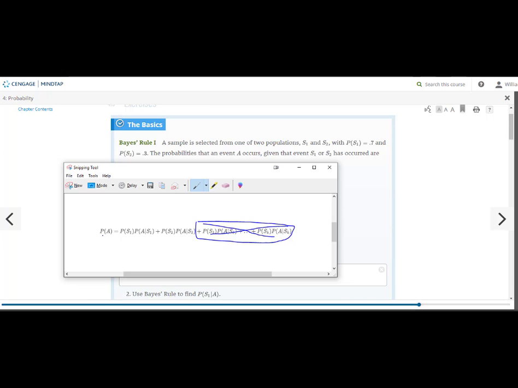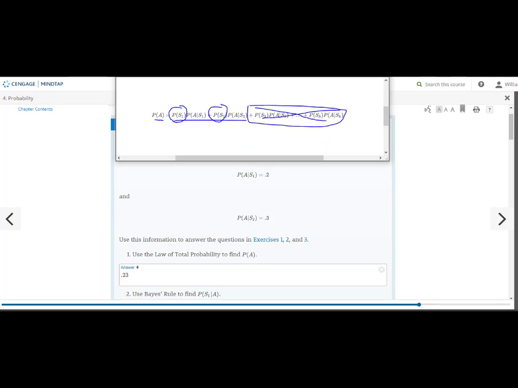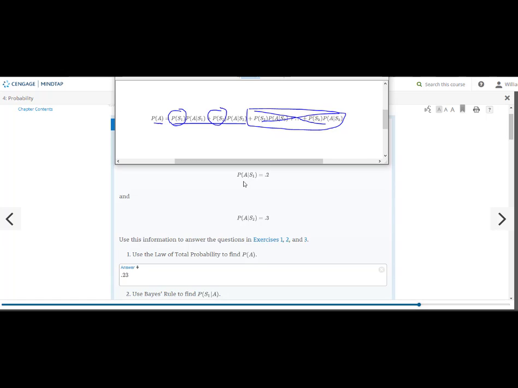So the probability of A is given by this. The probability of S1 we were told was 0.7. The probability of S2 we were told is 0.3. And we also have the probability of A given S1 is 0.2, and the probability of A given S2 is 0.3.